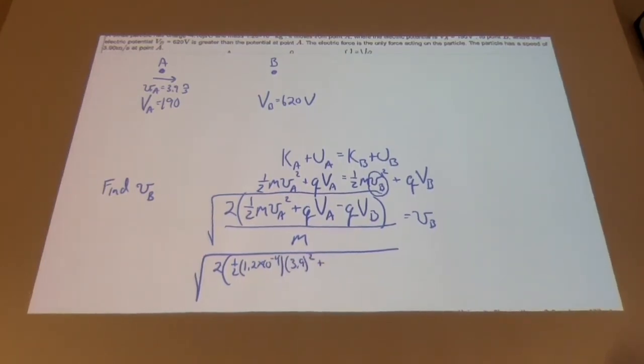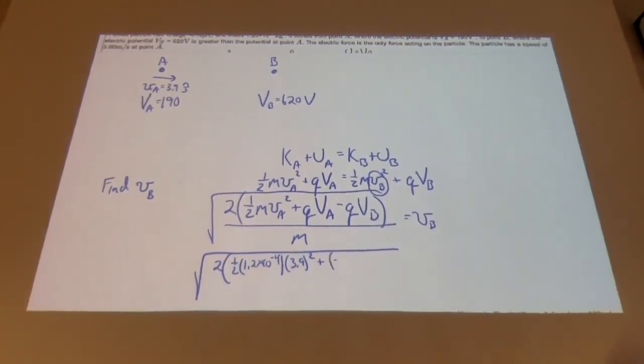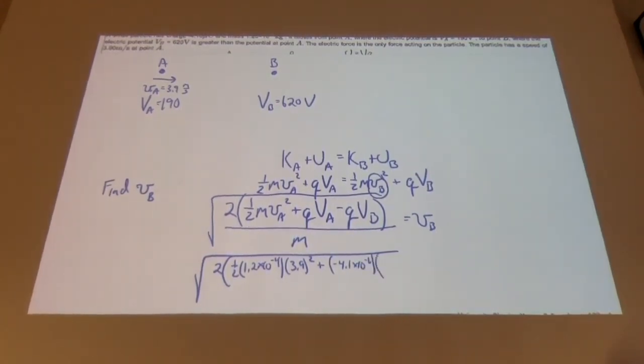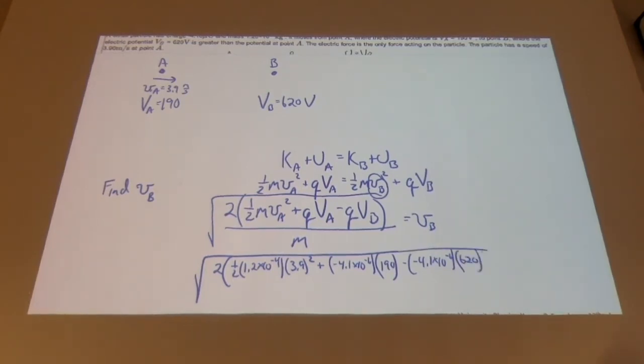Plus, and let's be a little careful here, that's a negative charge, so minus 4.1 times 10 to the minus 6, to convert that to coulombs, times the potential at point A, which was 190, minus a minus 4.1 times 10 to the minus 6, times 620. Make sure we get all of that inside those brackets, and divide by the mass, which is 1.2 times 10 to the minus 4. All of that equals the velocity at point B.